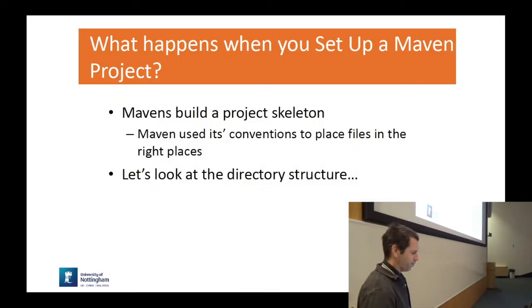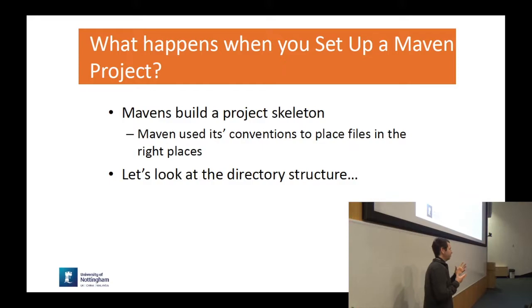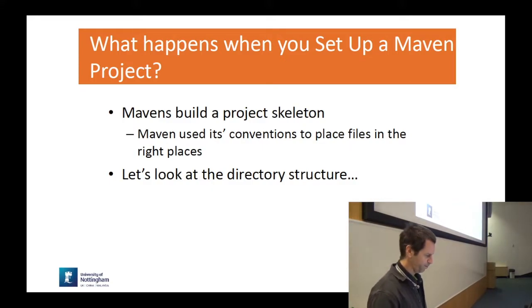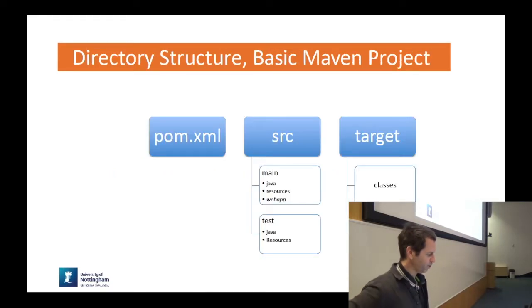Okay, so Maven builds start out with a so-called project skeleton. Maven uses its conventions to place files in the right places, and it sets up a special directory structure. By the way, the directory structures of Maven and Gradle are very similar. They have a lot of things in common. So there's the pom.xml file that we just described.